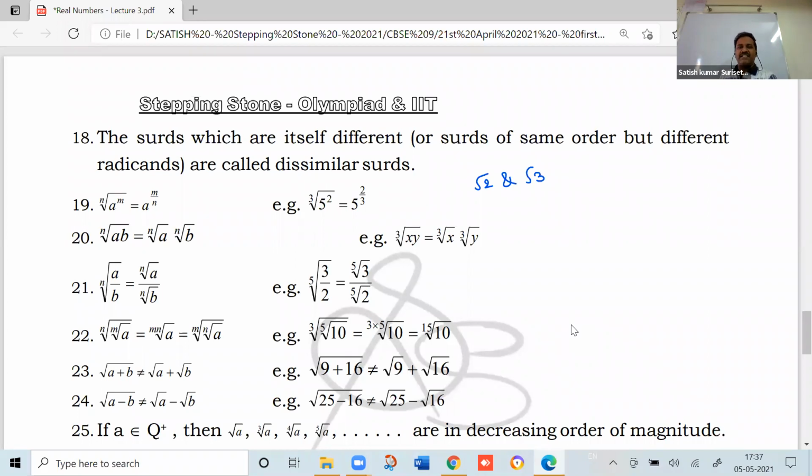Can I say they are dissimilar surds or not? They're dissimilar. Why? Because the order is the same, but the radicands are different. Not only this, surds which are different can also be cube root of 2 and fifth root of 7. So here the order itself is different, so they are also dissimilar surds.